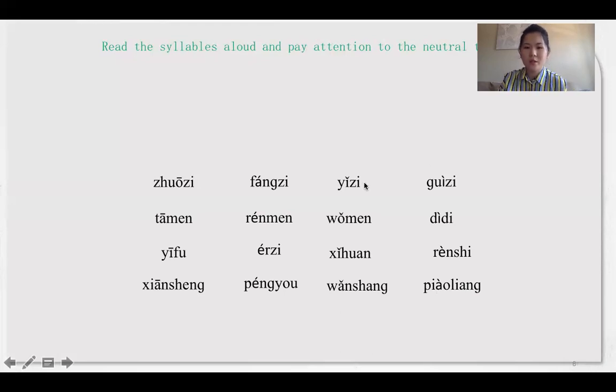So these are all the neutral tones. You can tell when I say it, right? So it's short and fast. Now, next time when you see the neutral tone, there's no tones, you'll know you just say it without tones, but end very quickly.